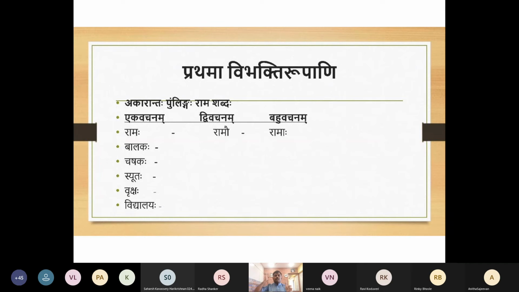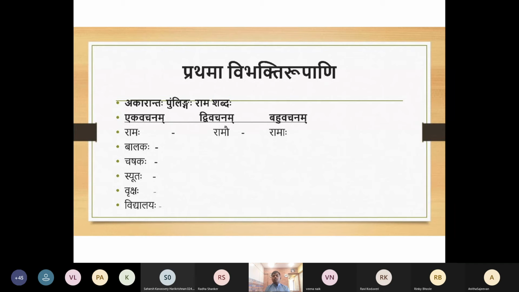Balakaha Pashyati. The boy is seeing. That boy, Balakaha, is a Prathama Vibhakti. So, Ekavachanam, Ramaha. Dvivachanam, Ramau. Bahuvachanam, Ramaha. One Rama, two Ramas, three Ramas. Balakaha, Balakau, Balakaha. Chashakaha, one glass, Chashakau, two glasses, Chashakaha.